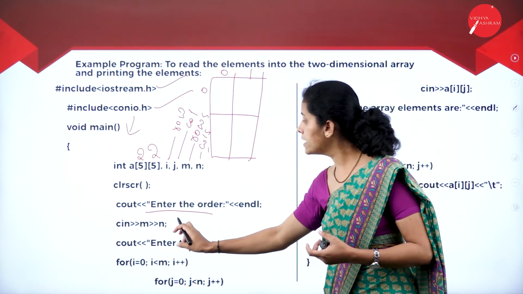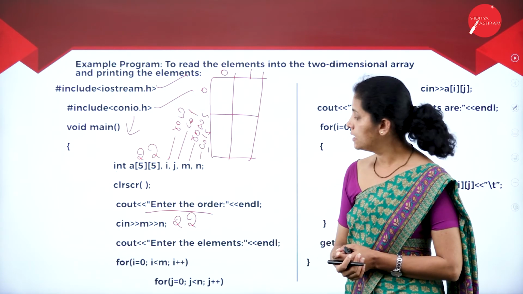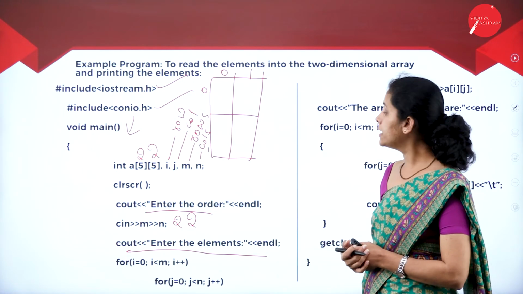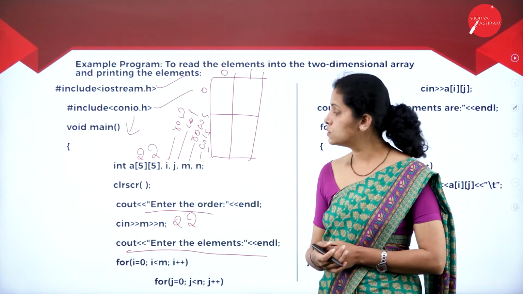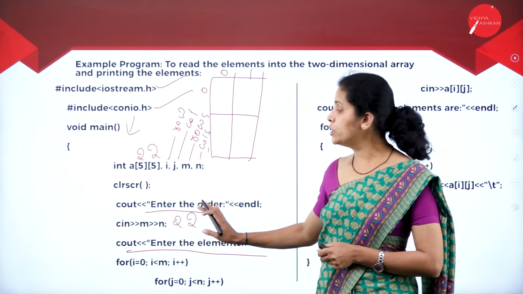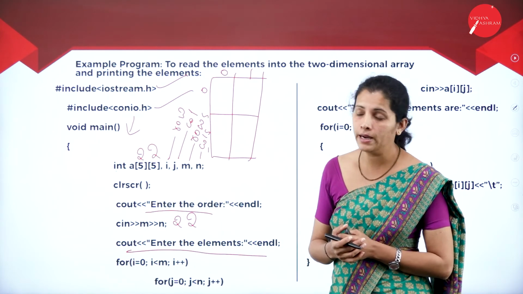For example, say row is 2 and column is 2. Now I'm going to display the message to the user to enter the elements one by one. So it is a 2 cross 2 matrix, and it's going to read and store 4 elements.